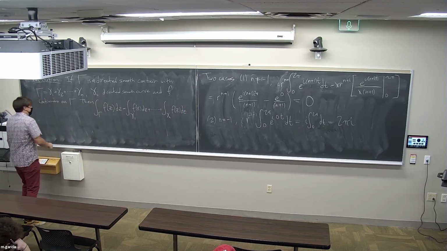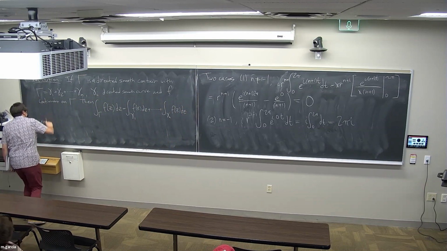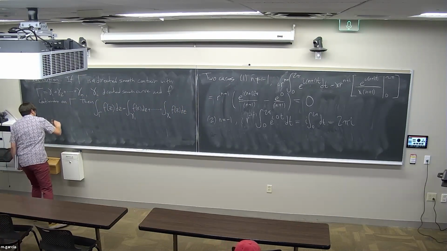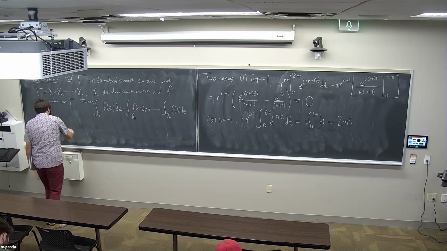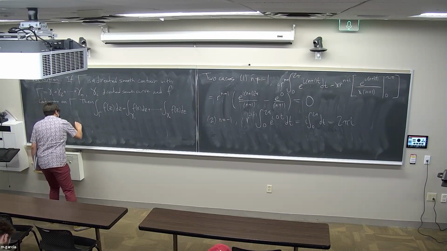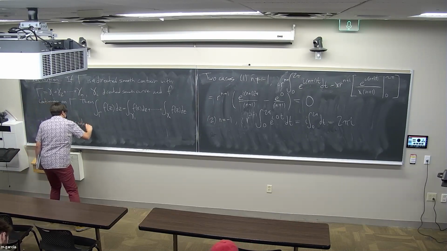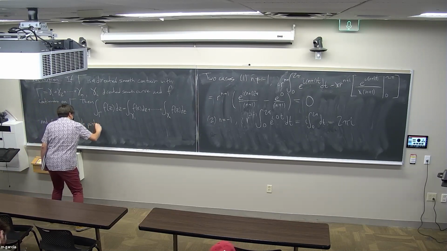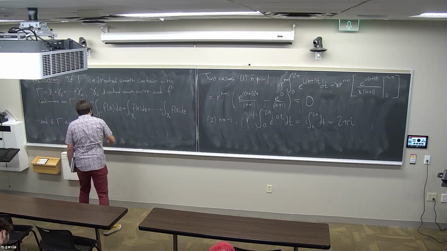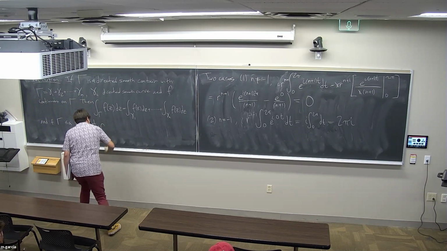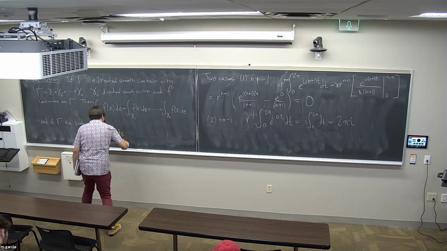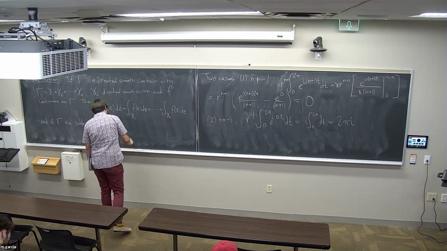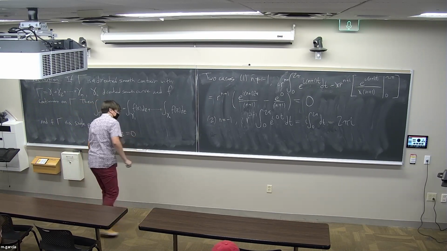Okay, we also make the convention that if the contour gamma is a single point, we declare by fiat that the integral along gamma of f of z dz is equal to 0.